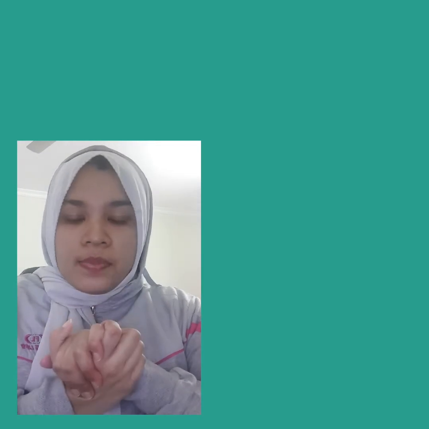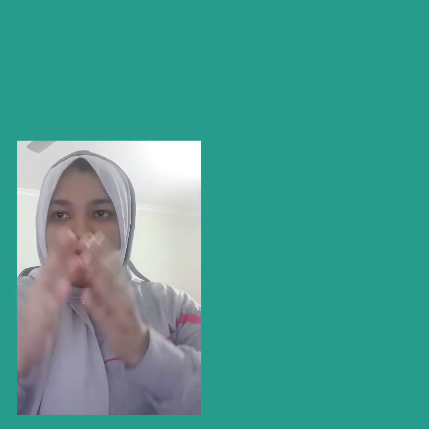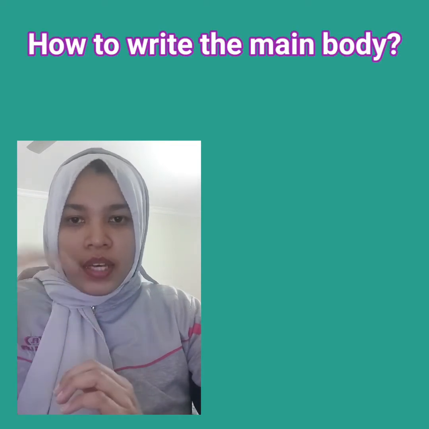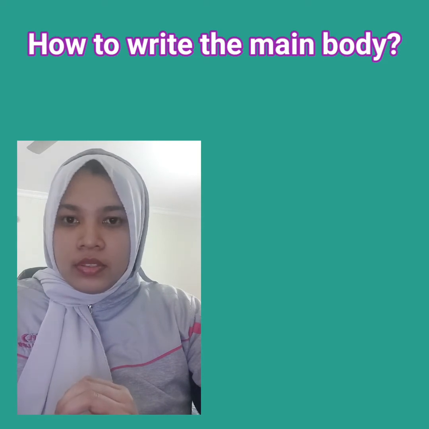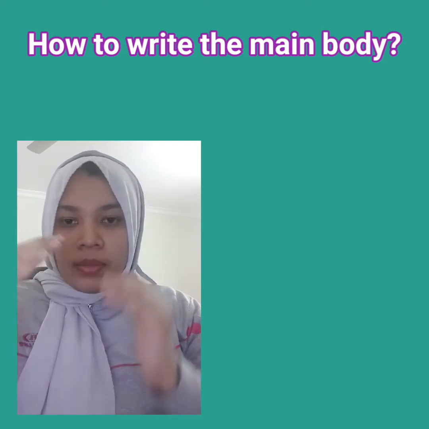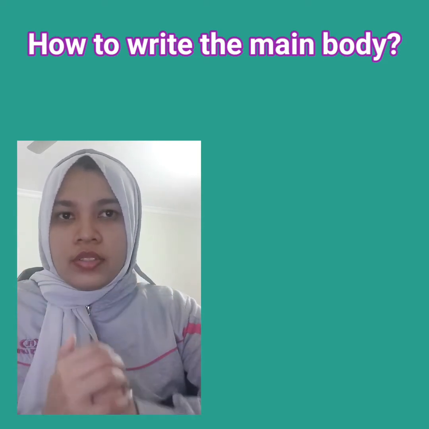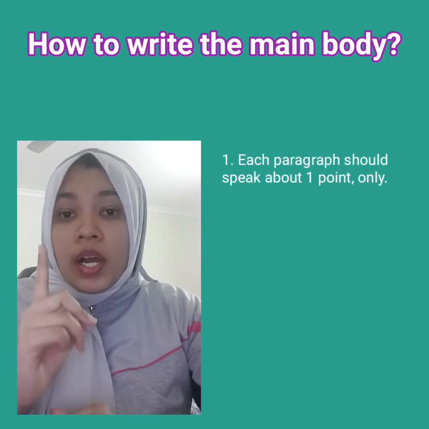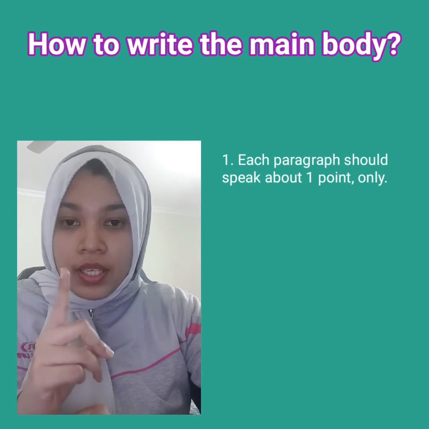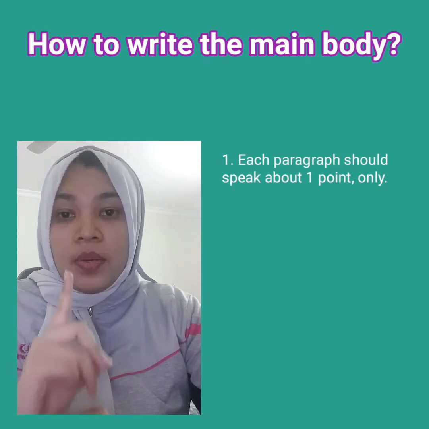Right, now comes the structuring of the essay, writing the main body. Now the introduction is over, where you will be relating your introduction to the question. Now comes the paragraphs. Now how do you structure them really? Each paragraph should contain only one point. You should be talking only about one point in one paragraph.